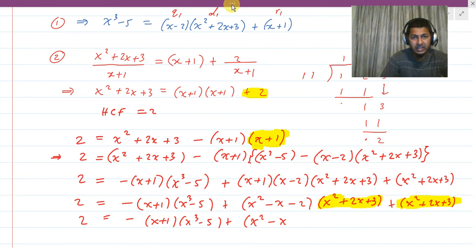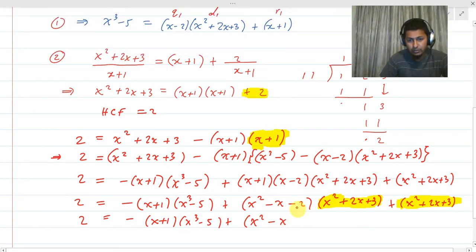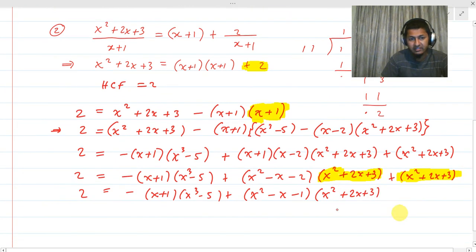So we just need to add a plus 1. So minus 2 plus 1, so we'll get minus 1 into x squared plus 2x plus 3. So basically we have written the final remainder in terms of a of x and b of x.